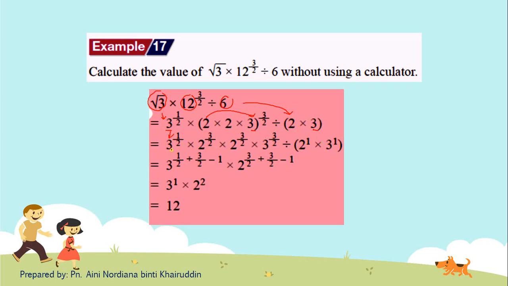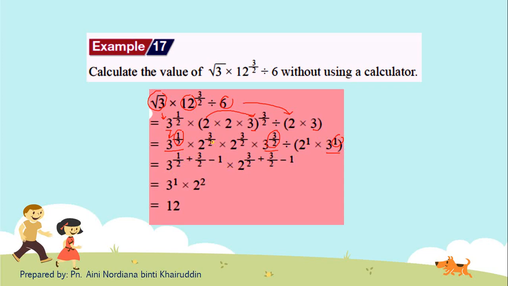Then, we look at the same base. So we have base 3 here. So 1 over 2 plus, because it's multiplication, plus 3 over 2. And then minus 1, because this is divide. So 3 to the power of 1 over 2 plus 3 over 2 minus 1.